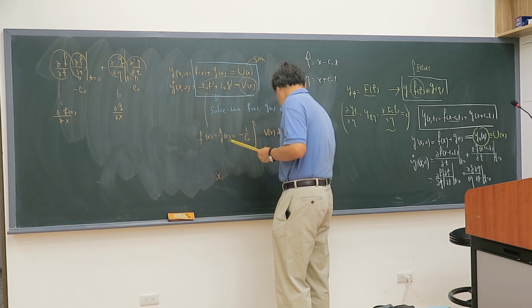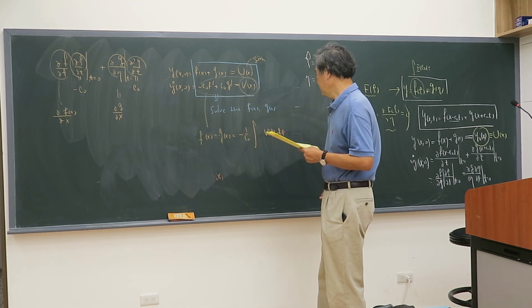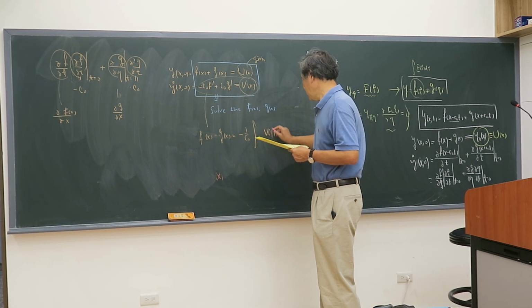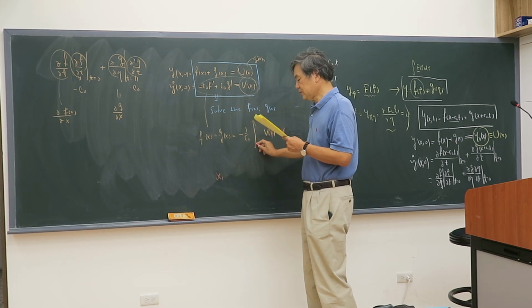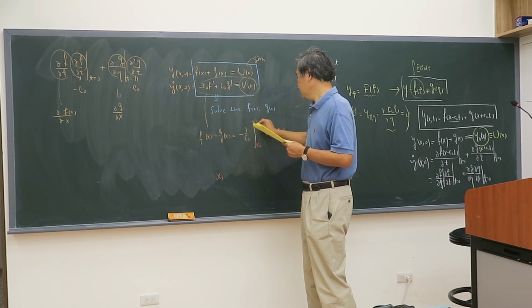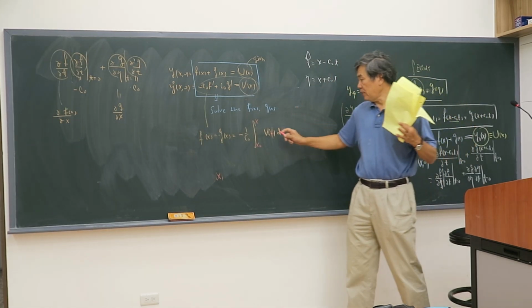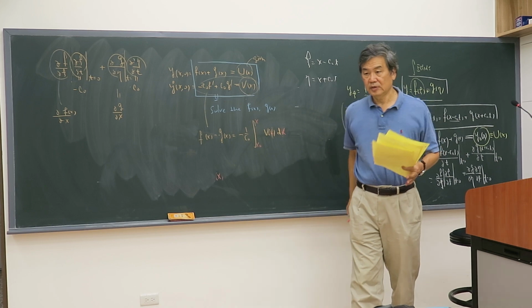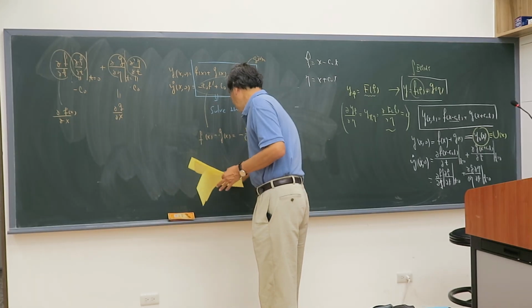Or change the dummy variable to c, for example. If you don't like c, you can choose any alpha, okay? And alpha is from x0 to x, the whole domain, okay? The x is a range, from x0 to some point.